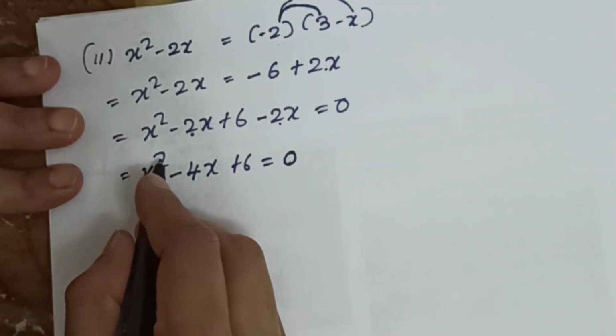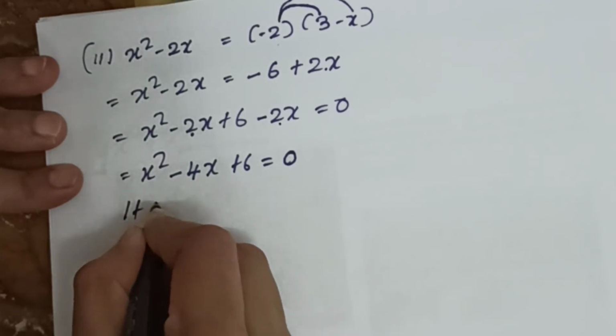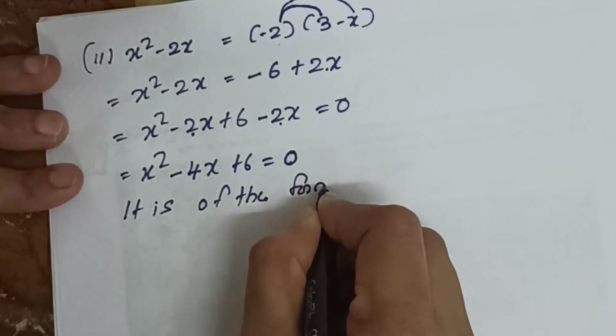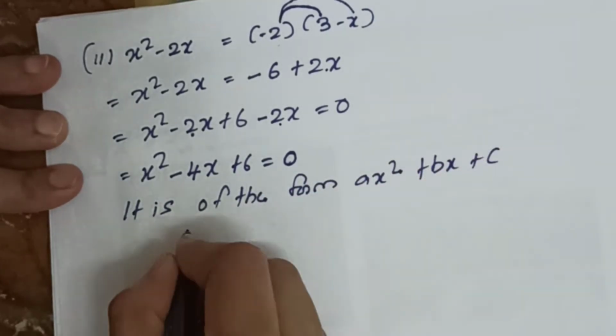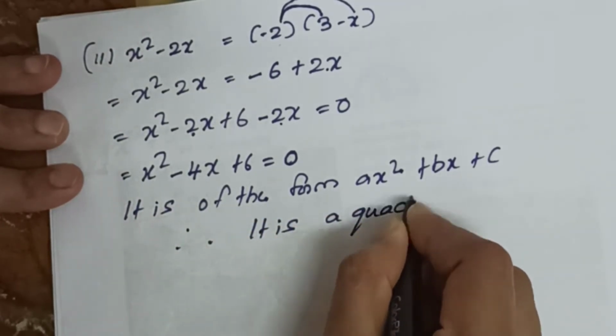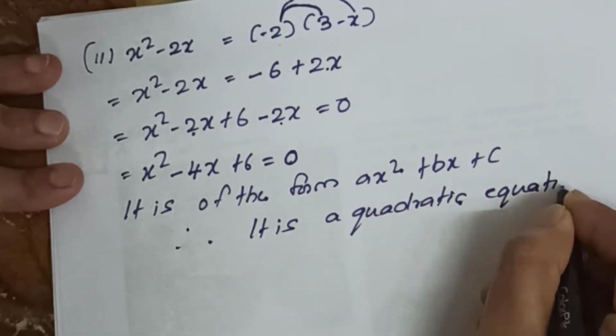Now see, the degree is 2 and it is of the form ax square plus bx plus c. Therefore it is a quadratic equation. Hope it is clear.